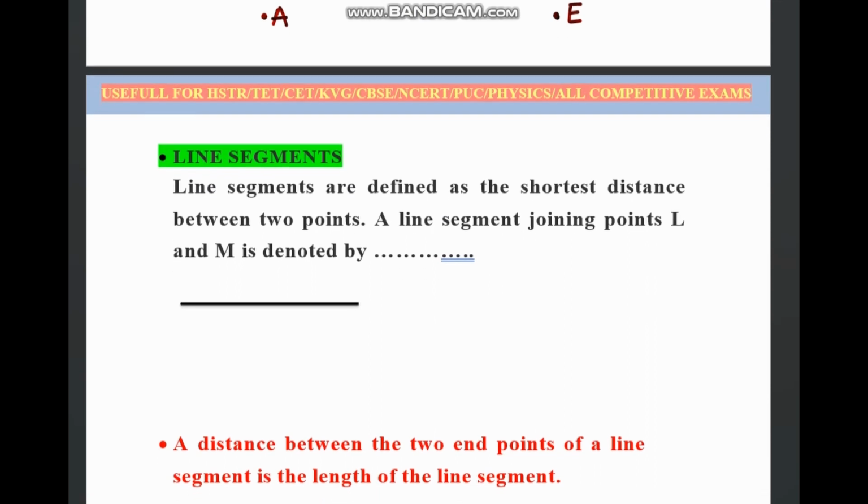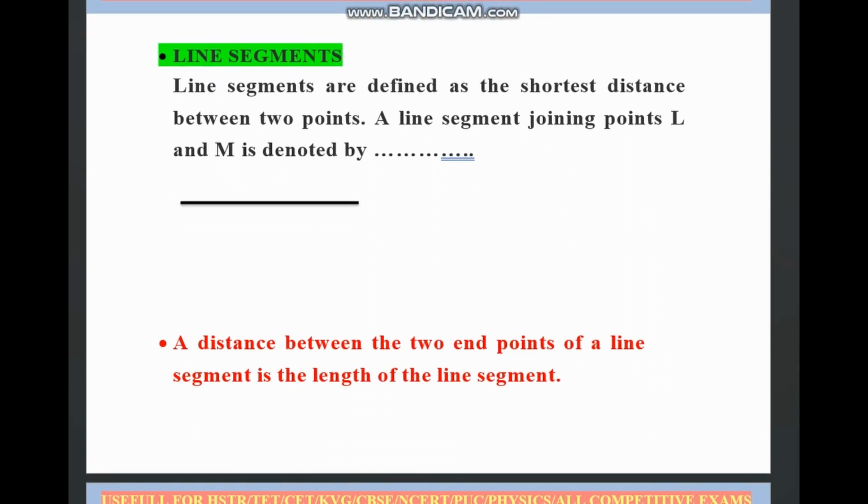Then line segment. A line segment is defined as the shortest distance between 2 points. A line segment joining points L and M is denoted by LM. If this is point L and this is point M, then the shortest distance between L and M is nothing but a straight line, and it is a line segment.